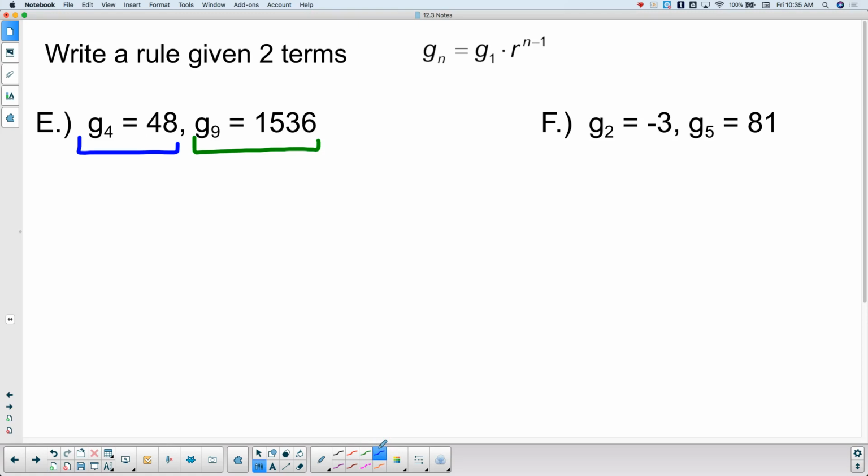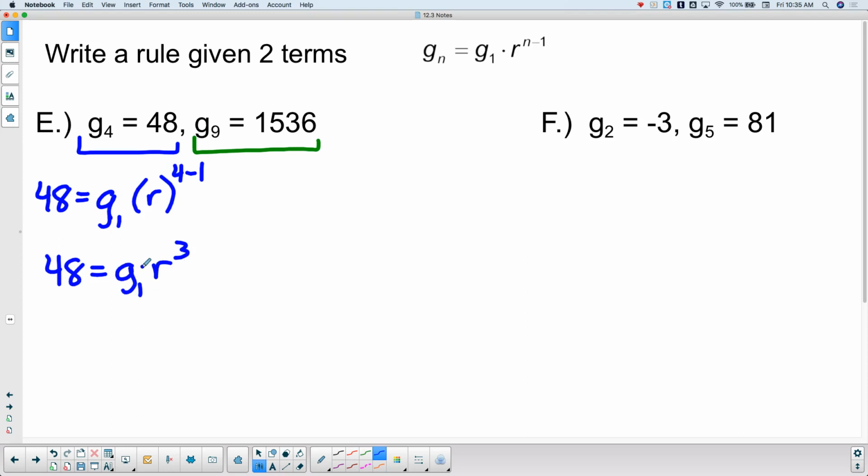So this is going to tell me that 48 is equal to, oops, that should be a G, my first term, times r raised to the 4 minus 1 power, or simply put, that 48 is equal to g sub 1 times r cubed.